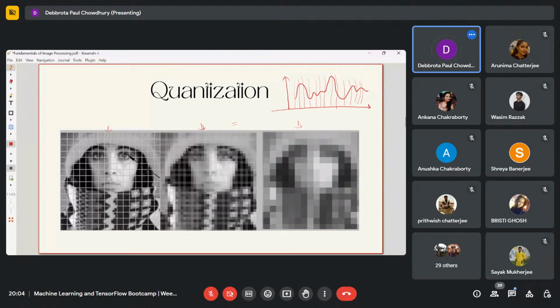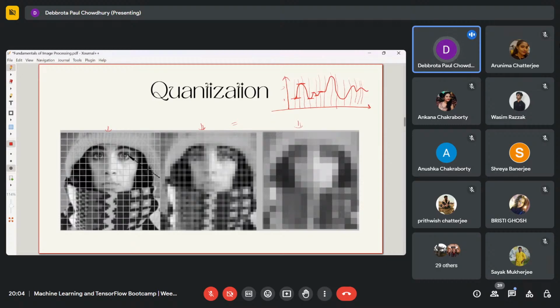Quantize means instead of selecting this continuous line, we get a discrete line. We are discretizing it like this. So we take this amplitude value here, this value, this value, this value. So this is called quantization levels. So let it be.